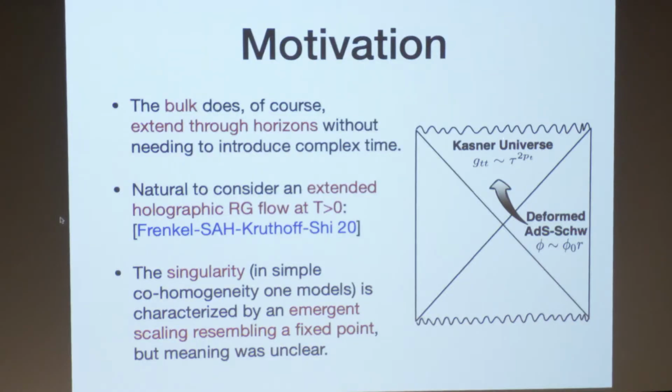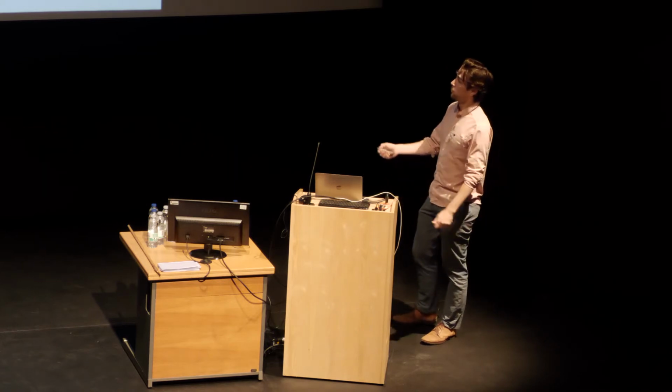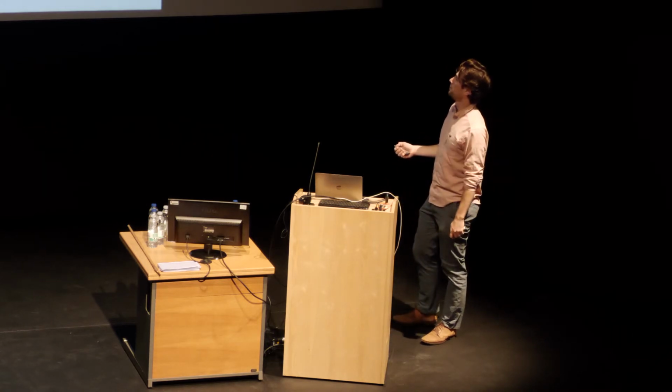Tau is the proper time to the singularity, and there's a scaling exponent, p_t, that you can call the Kasner exponent, if you like. So there's an emergent scaling near the singularity, which has a bit the flavor of a fixed point, but it's not a fixed point because we've gone through the IR. So we called it a trans-IR fixed point. We have no idea what it is, but it's there.